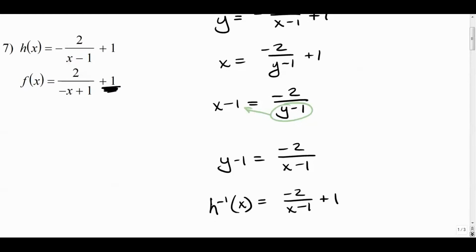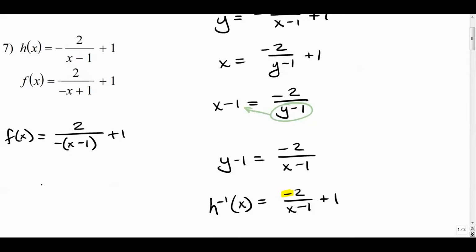I have generally the same numerator in both. The only difference is my negative right here is in the top, and then down here it's in the bottom. So hopefully you have a general sense that if I take a negative out of the bottom, it turns into that.